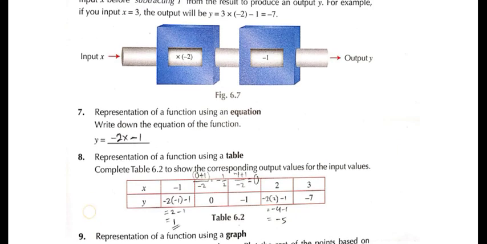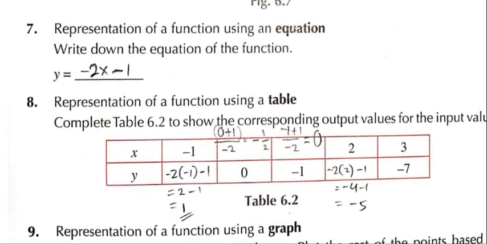Now let's represent this function using a table. Actually it's not a complete table. The ones where you can see the working are the ones we need to complete ourselves. For input x equals -1, -2 times -1 minus 1 gives 1. So that will be a new pair, which is (-1, 1). Now for this one, this is kind of difficult.